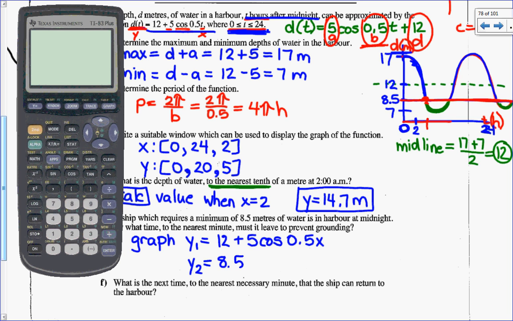And that will give me a linear equation, a straight line horizontally across at the value where y is equal to 8.5 meters. Okay? So once I get that, if you want to just pause the video for a minute, put those two graphs into your y1 and y2, and then restart the video once you have that.